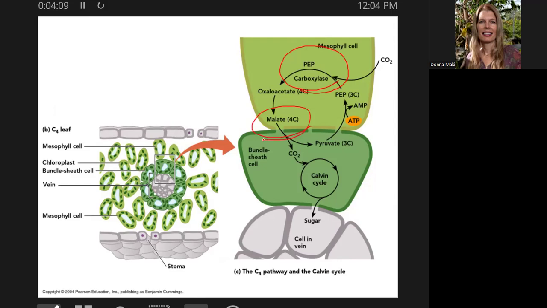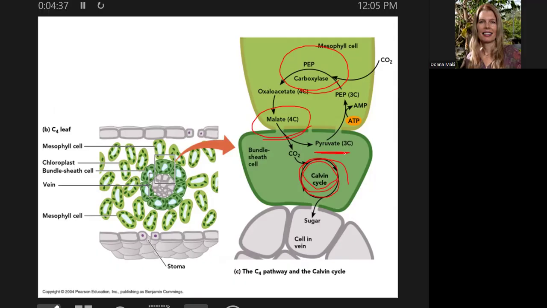And then the malate gets shunted, physically moved from mesophyll to bundle sheath. So it's kind of like a vector. It's delivering the carbon dioxide to where rubisco is located in the bundle sheath, right where the Calvin cycle is going to kick off. And then because this is a cycle, we see that the other product, pyruvate, once CO2 is cleaved off, that leaves you with pyruvate, and then that has to go back to the mesophyll.